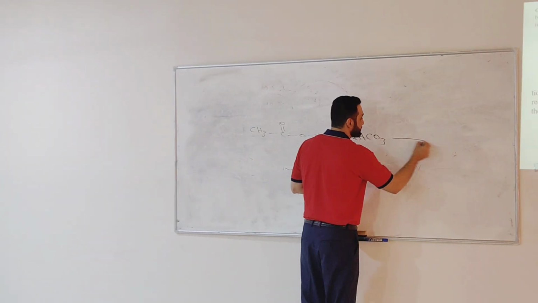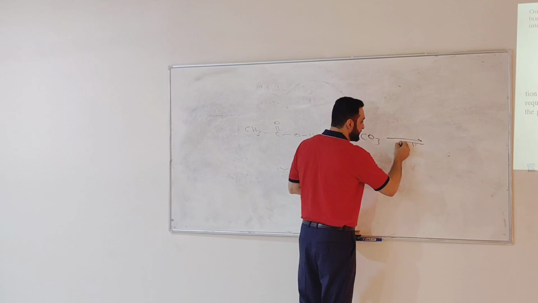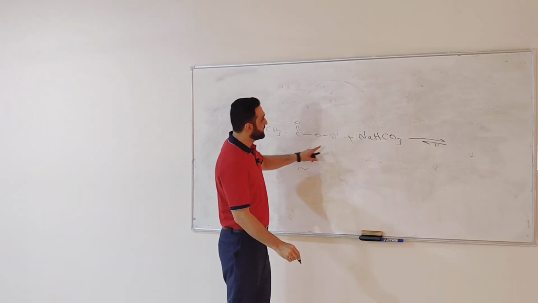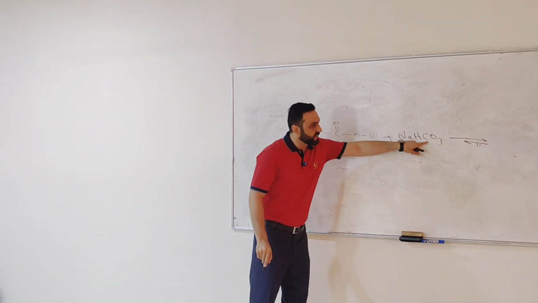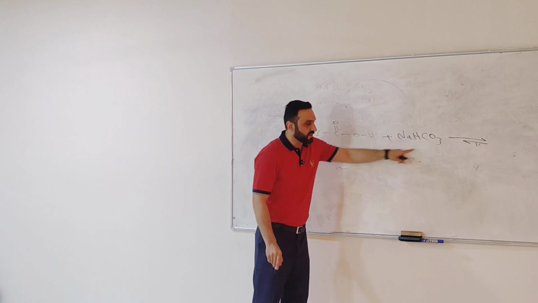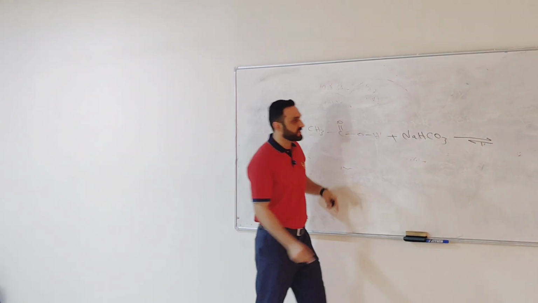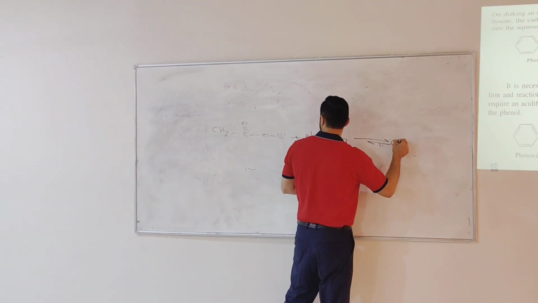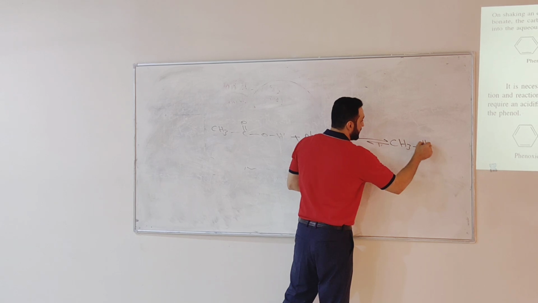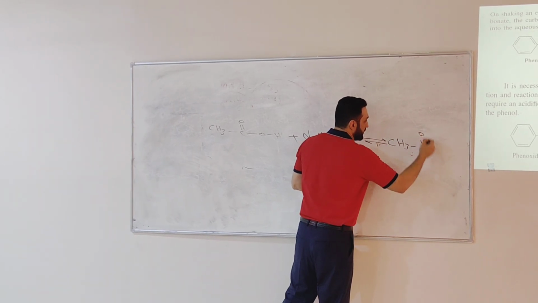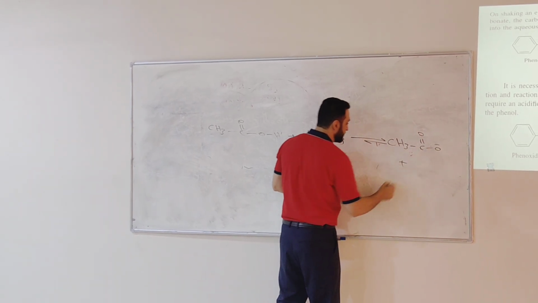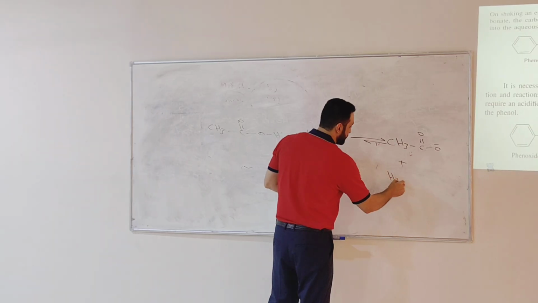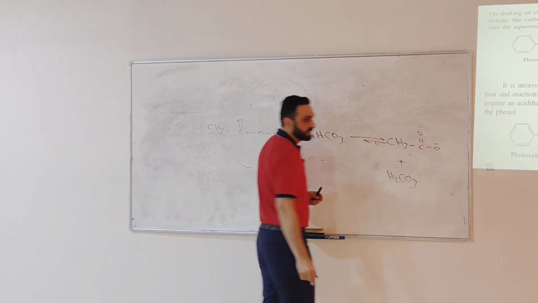The reaction here will easily remove a proton from the carboxylic acid to give you, for example, this: oxygen minus plus H2CO3.